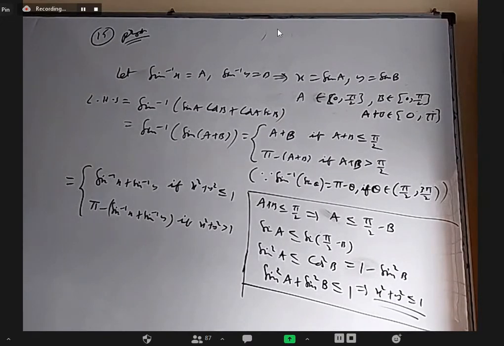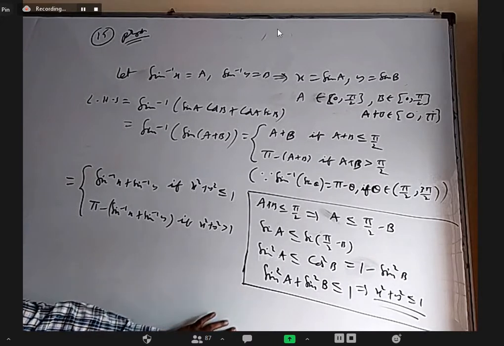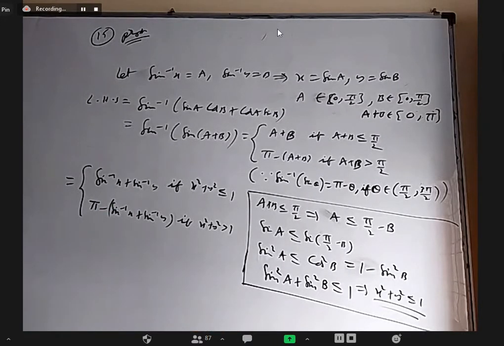Sir, are these proofs asked in board exam, sir? They are there in the board exam, but they were never asked. Yes, sir. In the textbook, some of these formulas are proved in a slightly different way. It may be a little confusing there, but this you will understand more comfortably. That's why I taught this way.